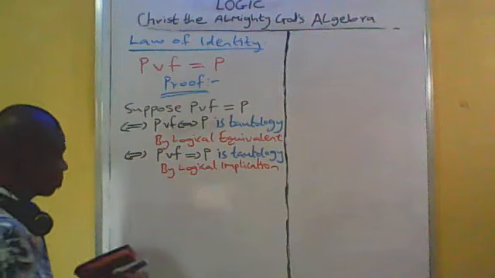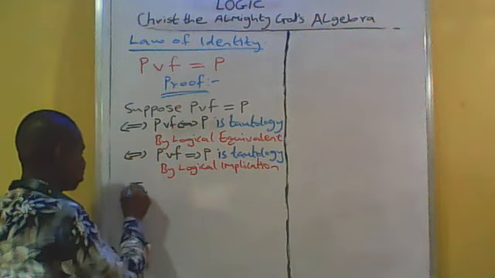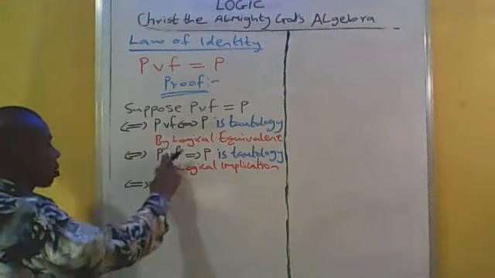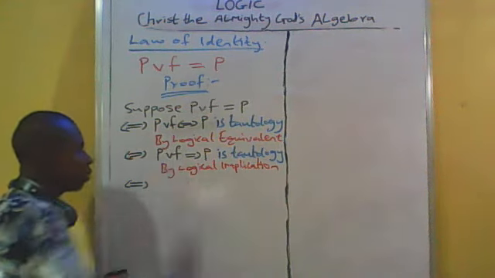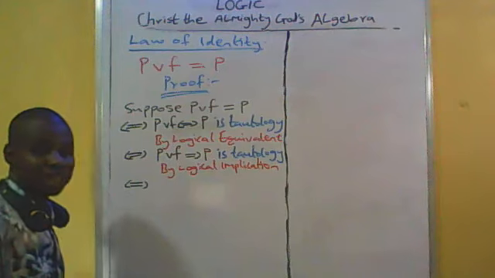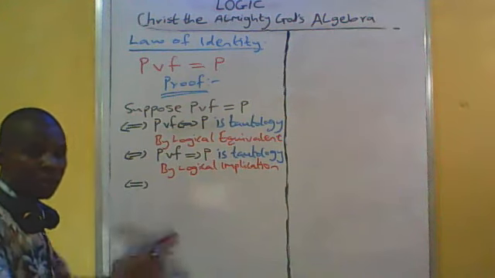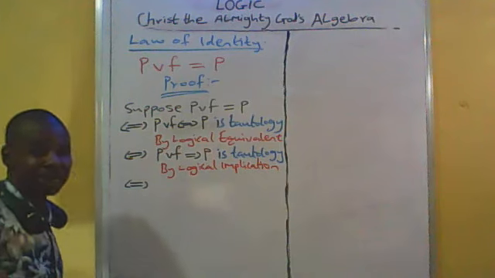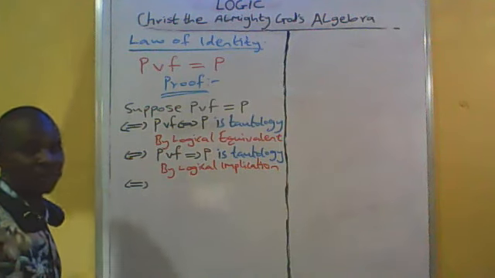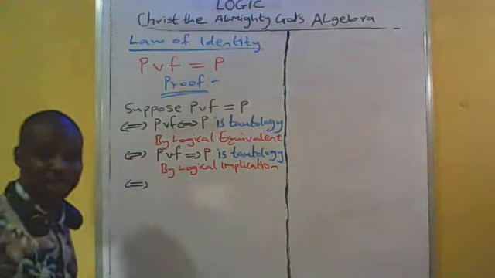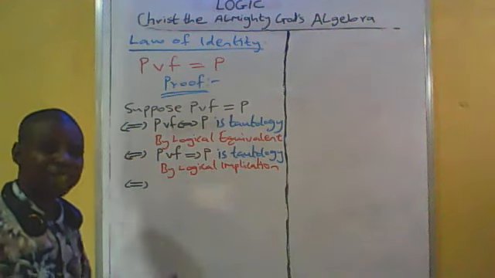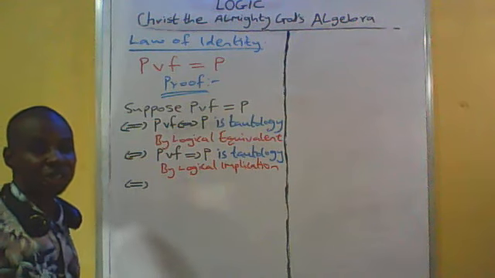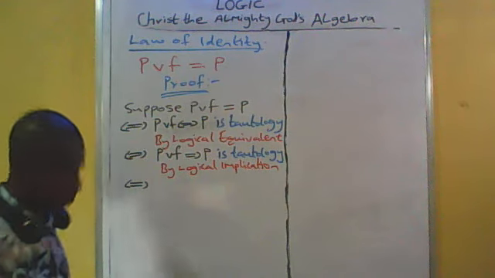You see that this P or F is a proper implication of this P, that is, the antecedent is proper implication of the consequent. So if that is the case, we then deduce that it is certain that P or F exists. That it's certain that the antecedent exists. So if it's certain that P or F exists, we say that P or F is logical implication of P.